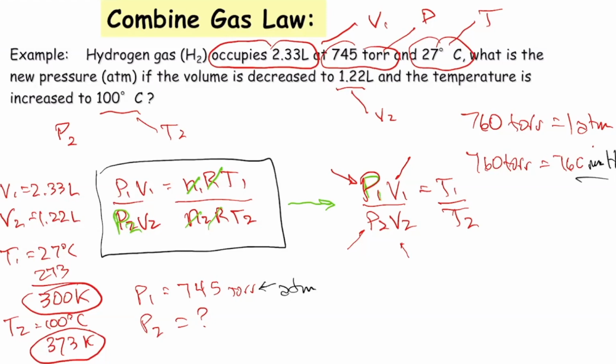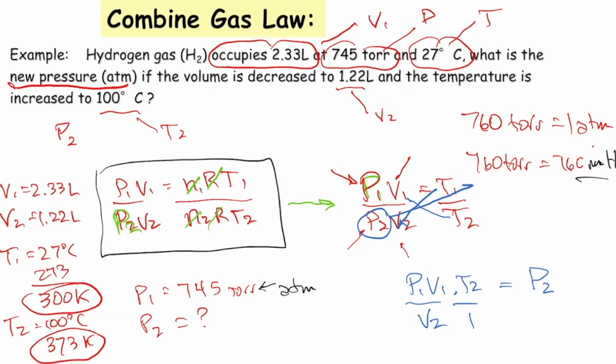So here's what we do. Remember, we're trying to solve for P2 because that's what the problem is. What's the new pressure? So we go into our bag of tricks and we solve for this. When we solve for this, this goes upstairs, this goes down, and this goes up. So when we do that, this is the equation we get. P1, V1, and V2 still stay the same, but now T2 is going to be up here and T1 is going to be down there.